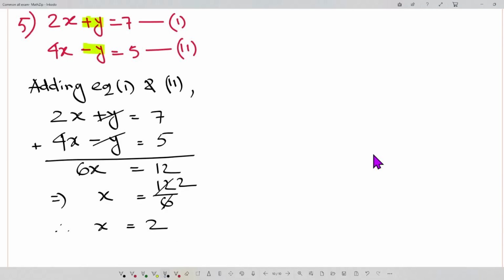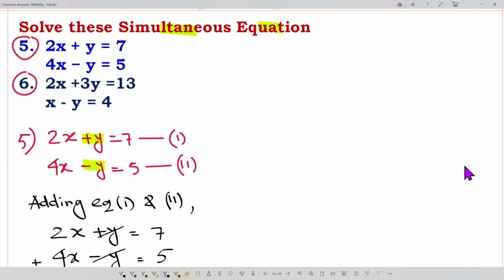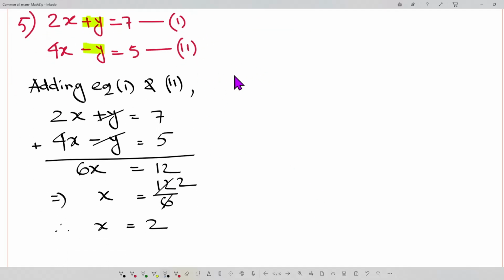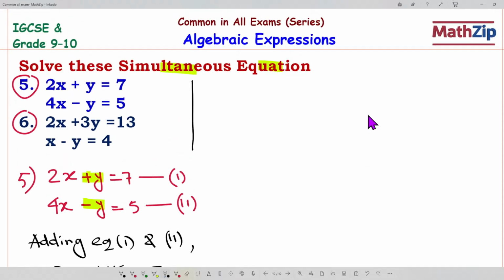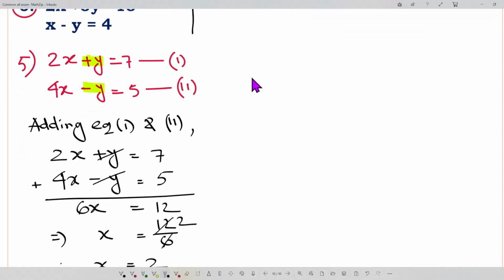Okay, very simple. Now we will put this value into equation 1 or 2, either one. So we can write like this: putting x equals 2 into an equation.